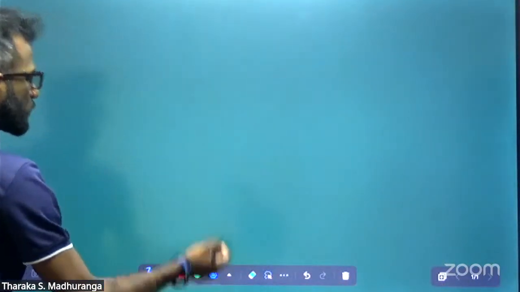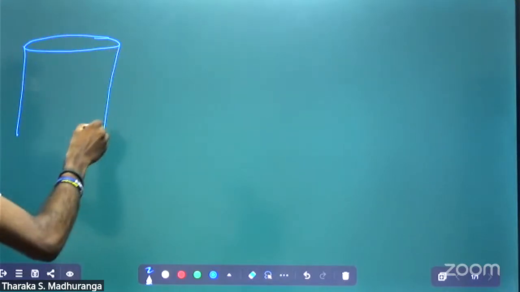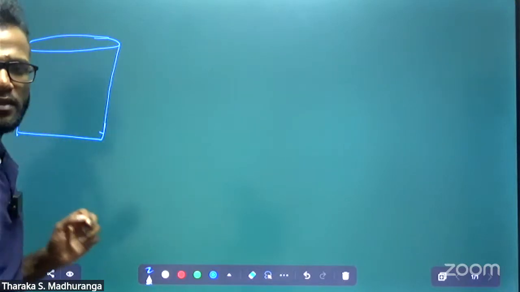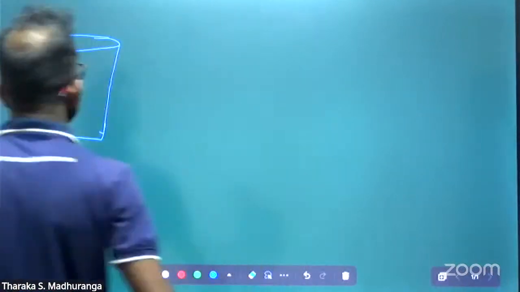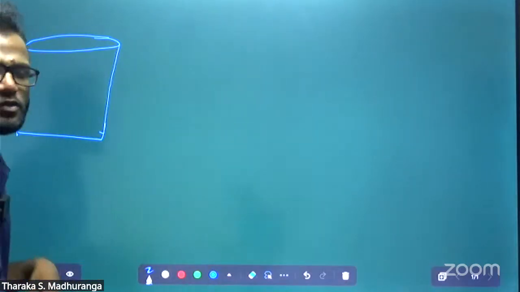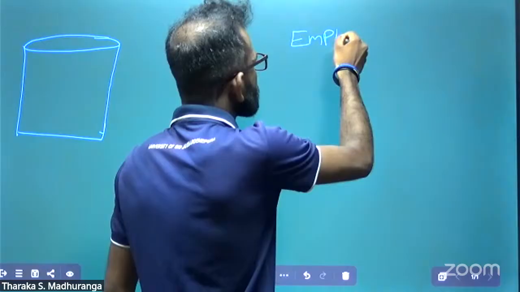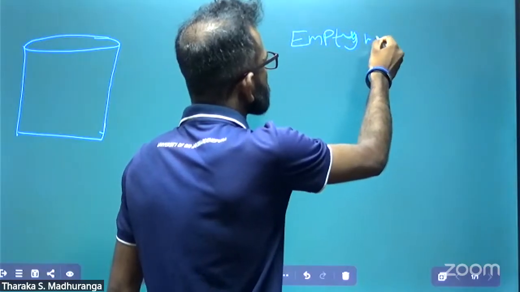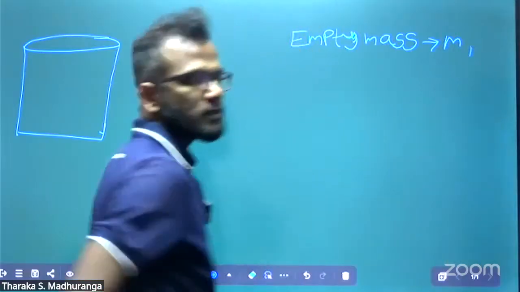First of all, you need to get a calorimeter. A calorimeter is a thermally insulated container. First, you need to get its empty mass, the empty mass of the calorimeter. I call the mass M1.